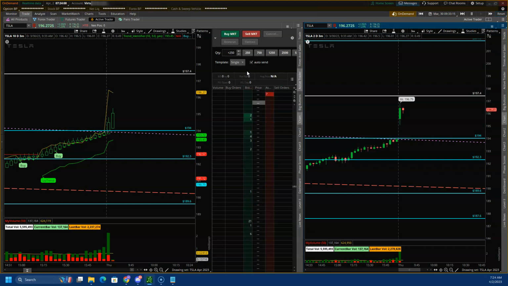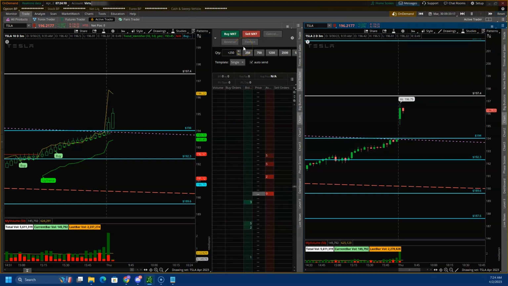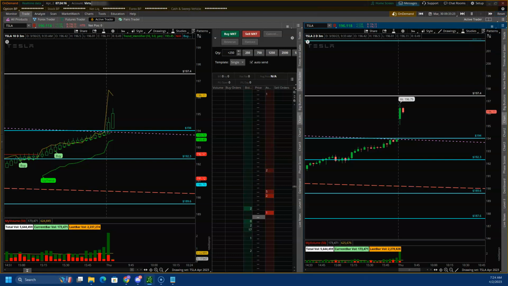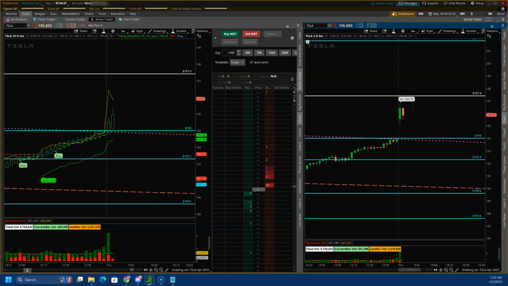I would not recommend using it for options, because there are other factors that impact the price, like volatility and time, theta decay. Those things can be tricky, and I don't think you can really apply this on an options chart. I don't know of many people who use options charts, but just saying.